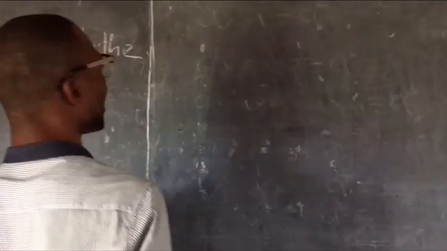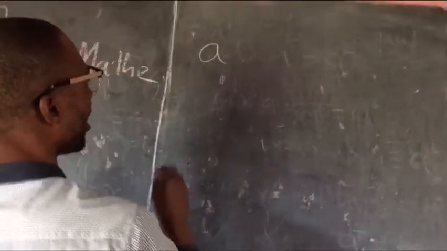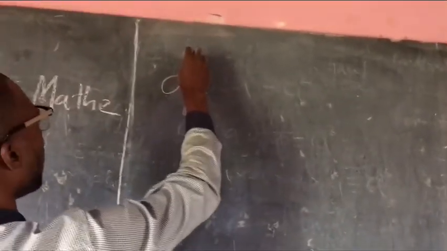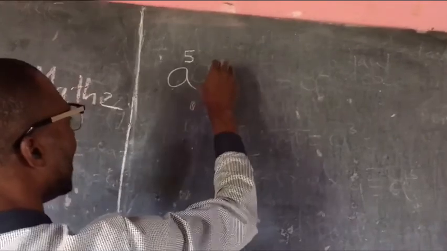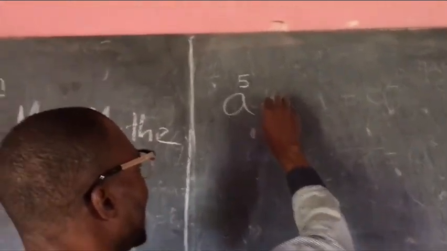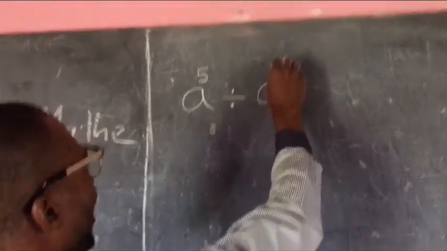What about another one? If I have a number like this, and I raise it to, I don't know, power 5, and then I divide by the same number, this time raised to power 3.